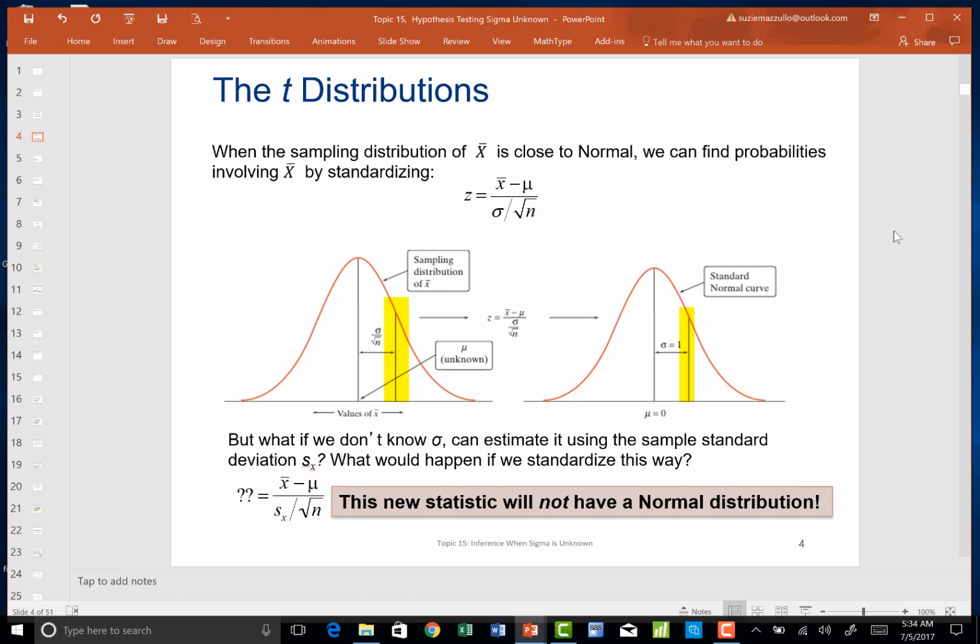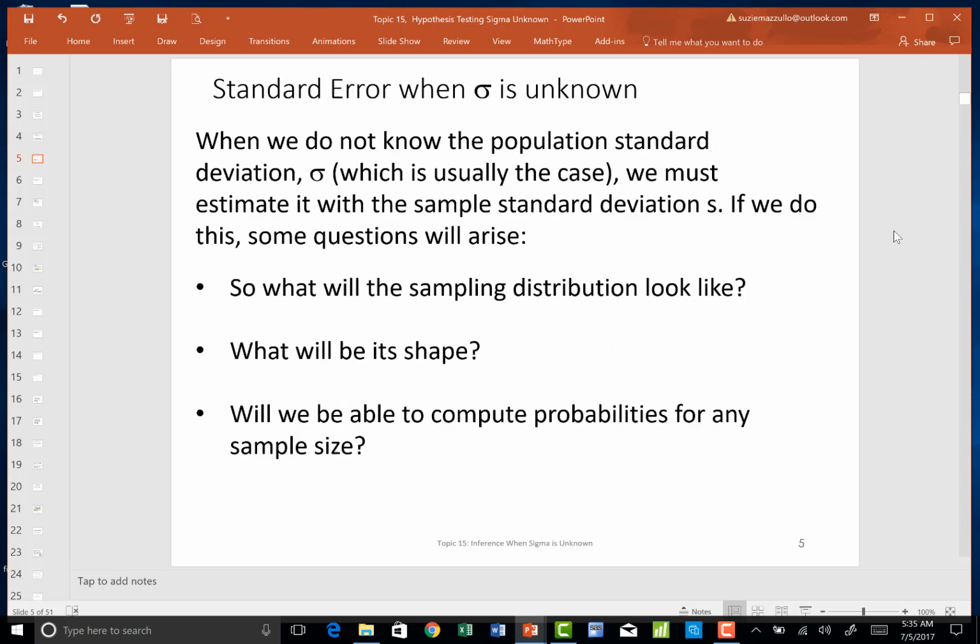So we're going to have some new statistic to take into account this estimation or this wiggle or this cloudiness, because we're guessing what sigma is. And that is what we're going to learn is the standardizing, and we're going to have to use what's called the student's t-distributions. And there are many, in fact, infinitely many, student t-distributions.